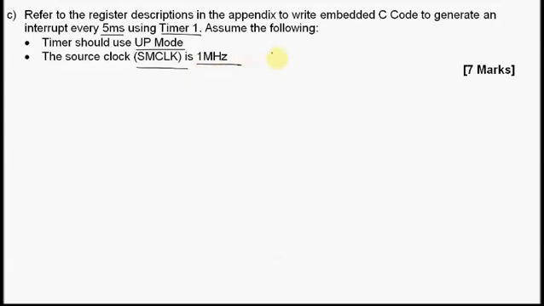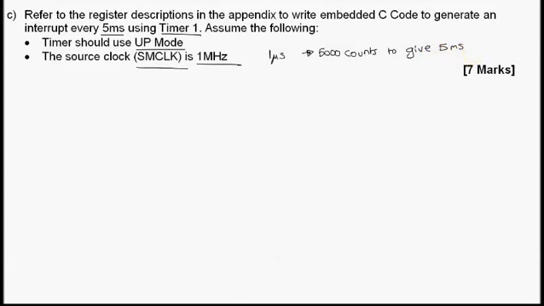So firstly, if we have a 1 megahertz clock, each clock count is 1 microsecond. 1 divided by 1 megahertz gives us 1 microsecond. This means to get 5 milliseconds, we need 5,000 counts of our timer to give our 5 milliseconds.